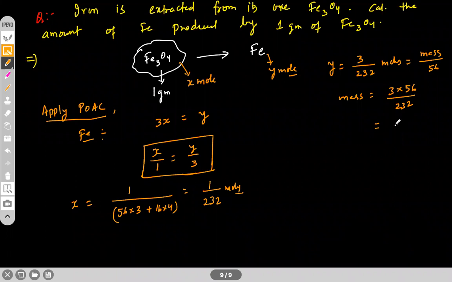So that is the answer for this question. 0.72 gram of iron we can extract from 1 gram of this sample.